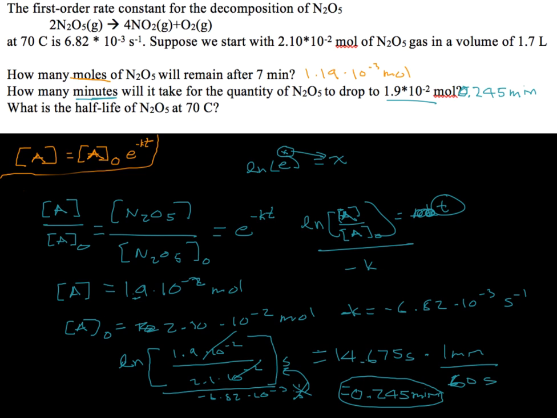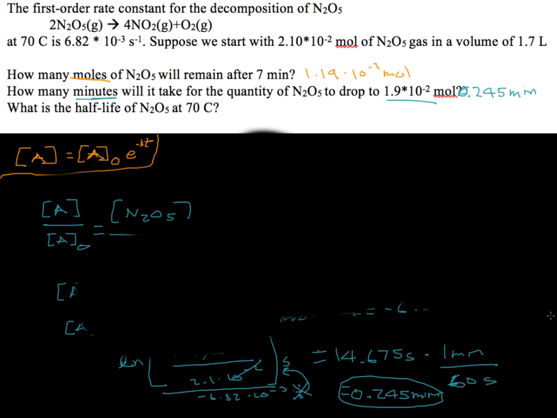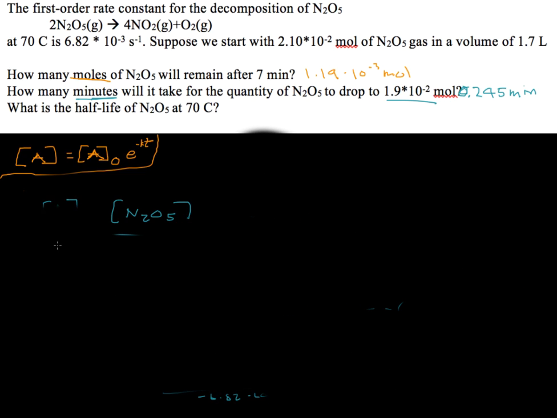Okay, and now we will continue with the third question here about half-life. This one takes a little bit more equation moving to figure out, but it shouldn't be too bad.